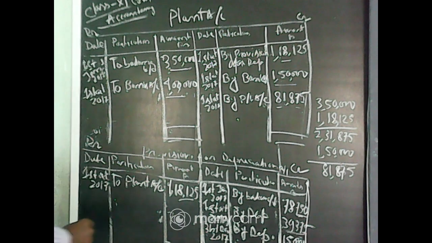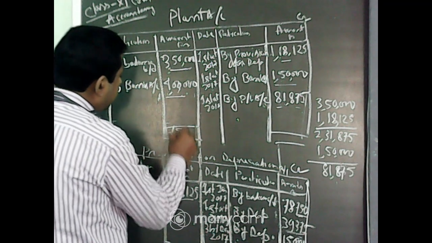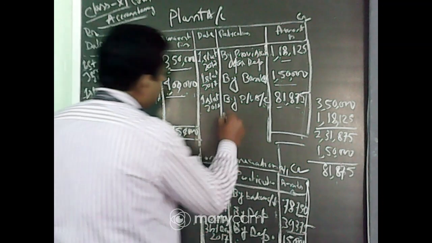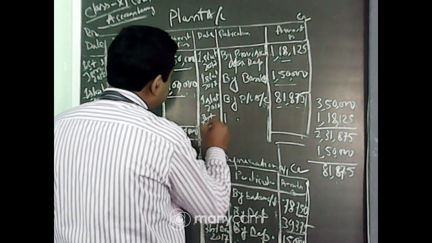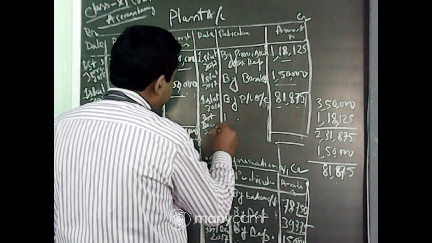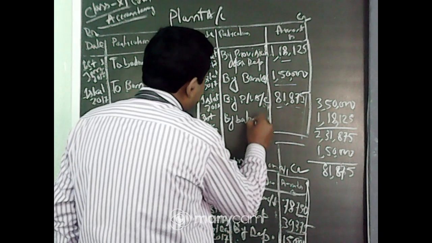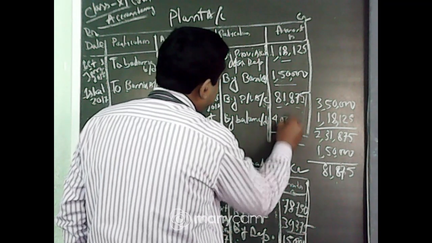So total you just do, the debit side will be more, so that is 7,50,000, and this side is less. So on 31st December 2017, by balance CD, that is 4 lakh.